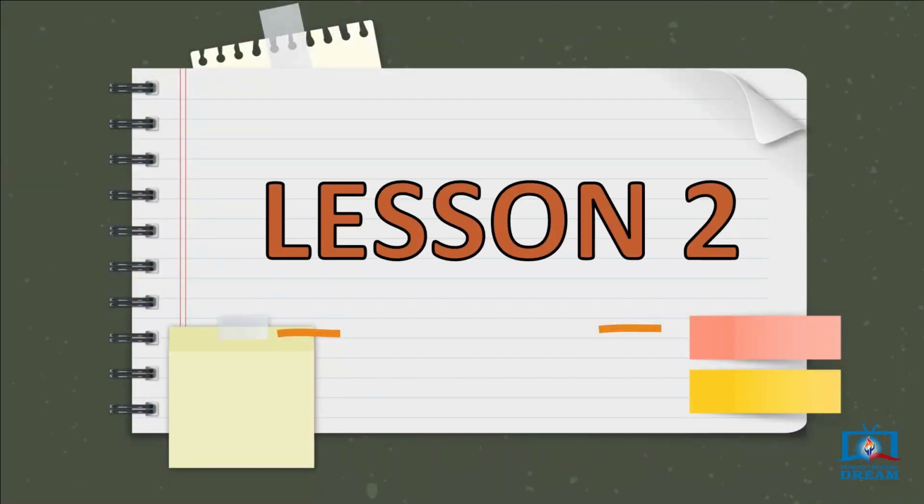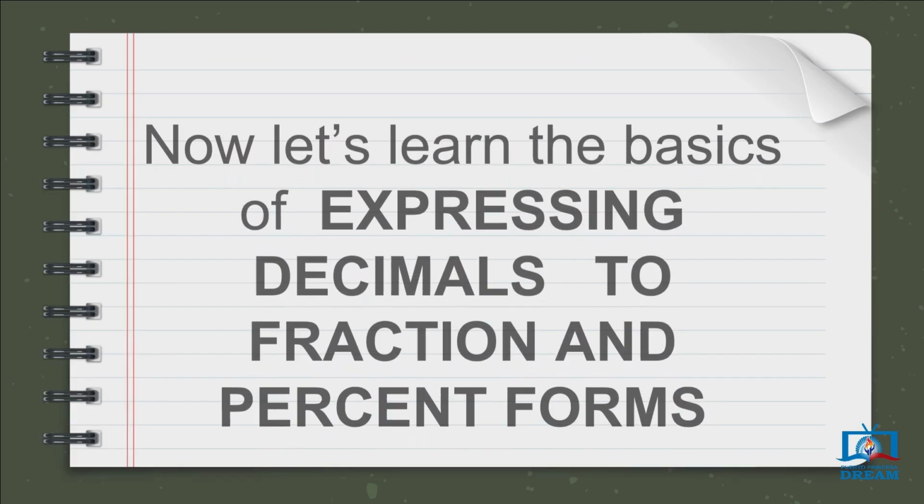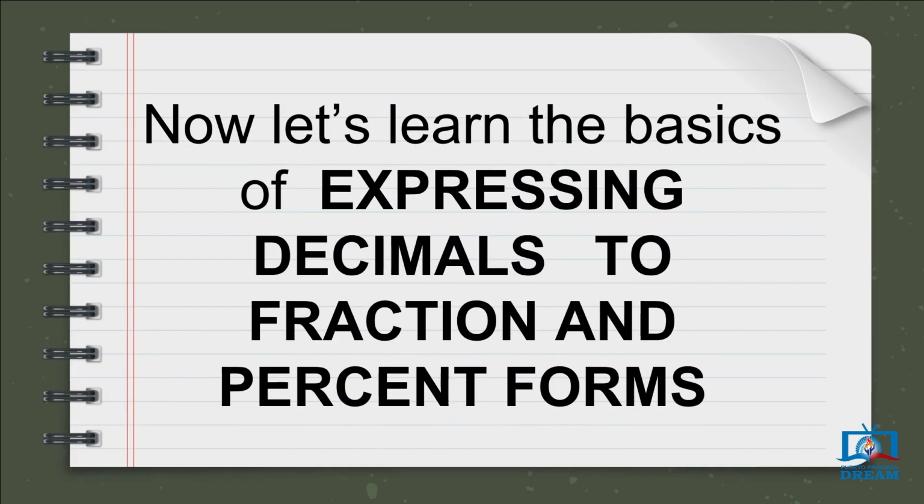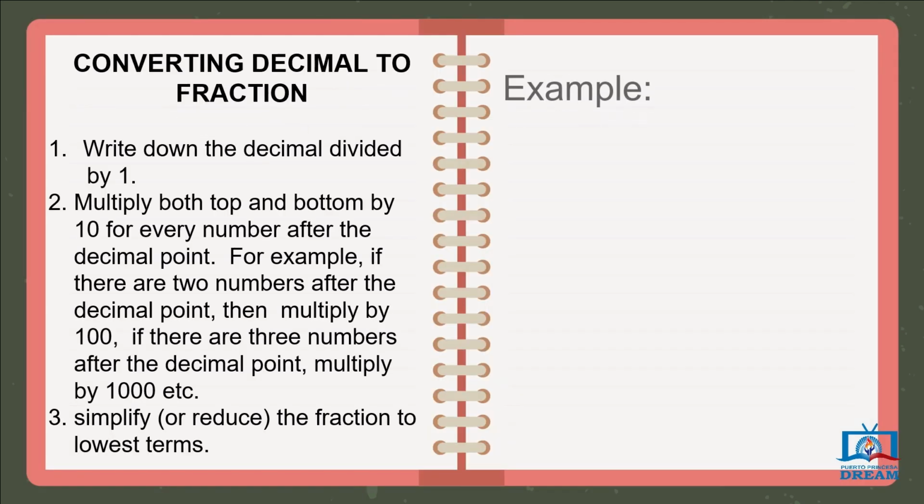Lesson number 2. Now, let us learn the basics of expressing decimals to fraction and percent forms. To convert decimal to fraction, write down the decimal number divided by 1. Number 2.